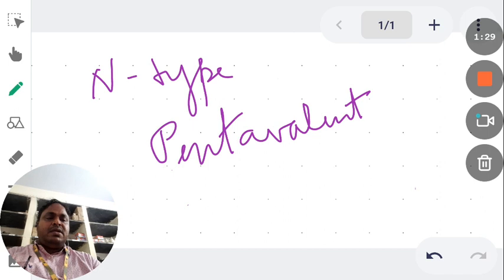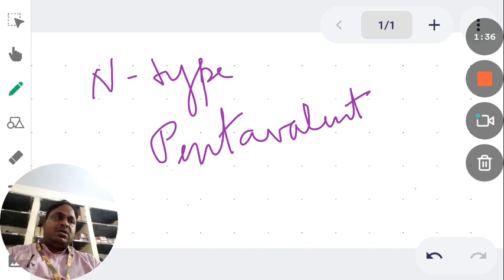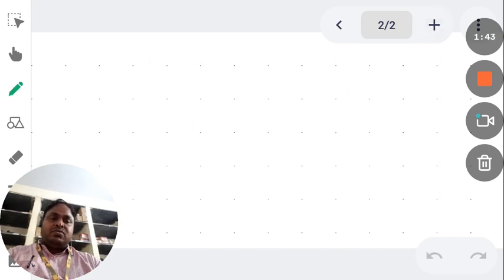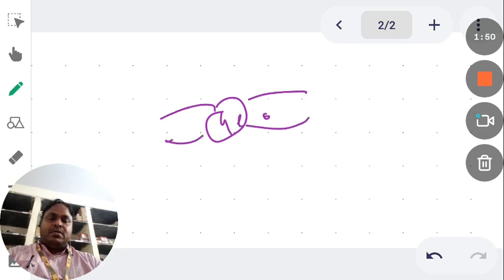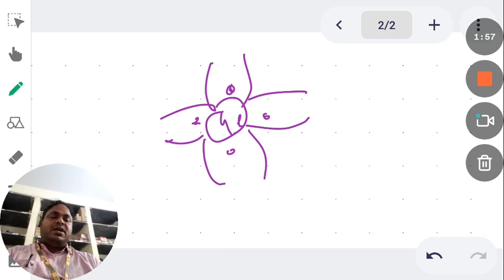So, when you add a pentavalent impurity to a pure semiconductor, germanium, which has 4 valence electrons, 4 out of the 5 electrons in the pentavalent impurity will get into covalent bonds with the 4 valence electrons of the germanium, and you will have an extra electron which contributes to the flow of current.